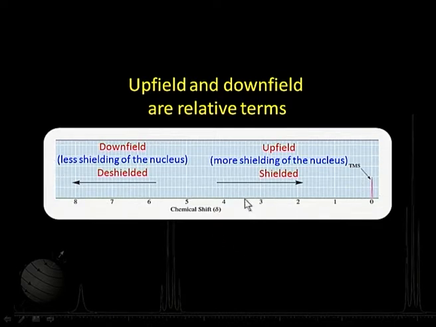Anything which shifts towards this side is going upfield, that means to a lower delta value or higher field, and this is going downfield. So a signal at 7 is downfield from 4, but upfield from a signal at 10. It is all relative.